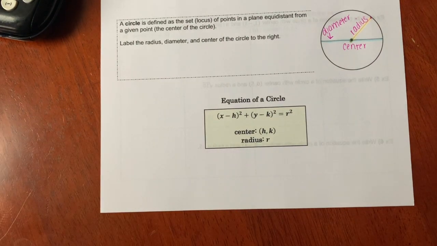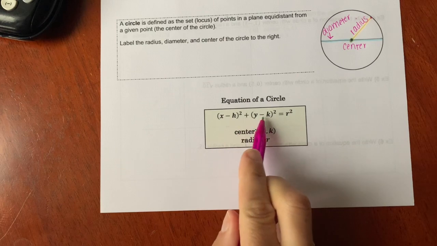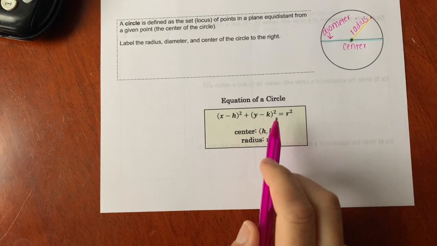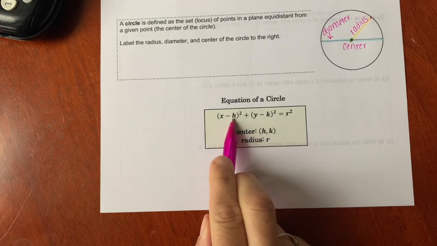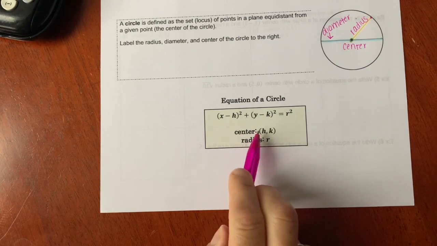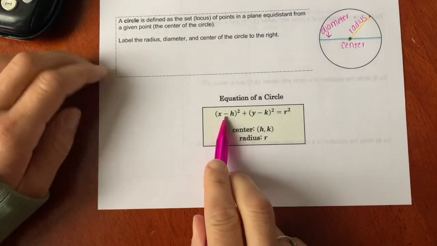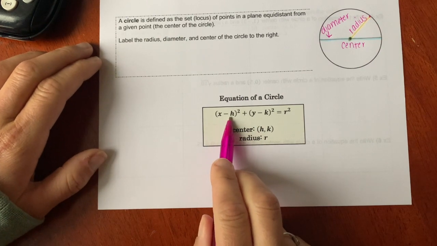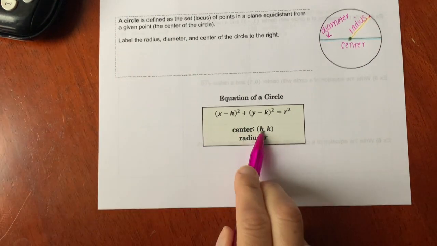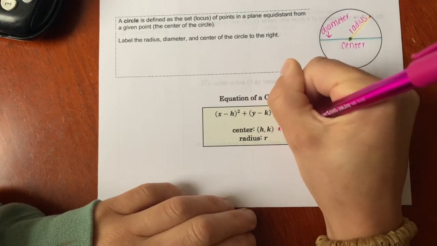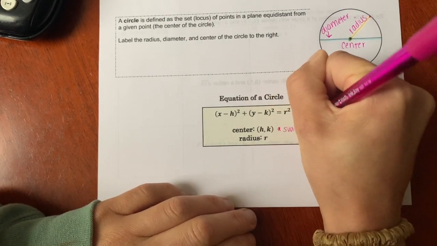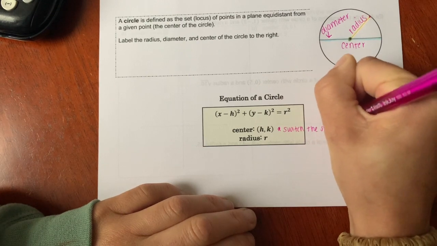Now the way that you're going to read that for a center is you're going to look at h and k, x, y, okay? So your center is going to be (h, k). Also notice here it says negative h, but the x coordinate for your center is a positive h. That just tells you, because the rule has a negative in it, you're always just going to switch the sign.